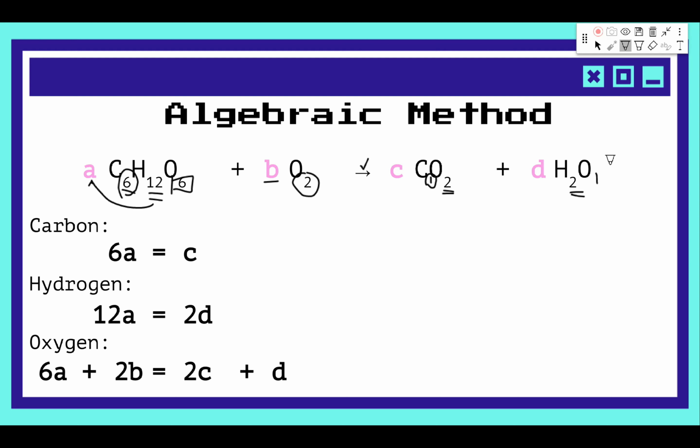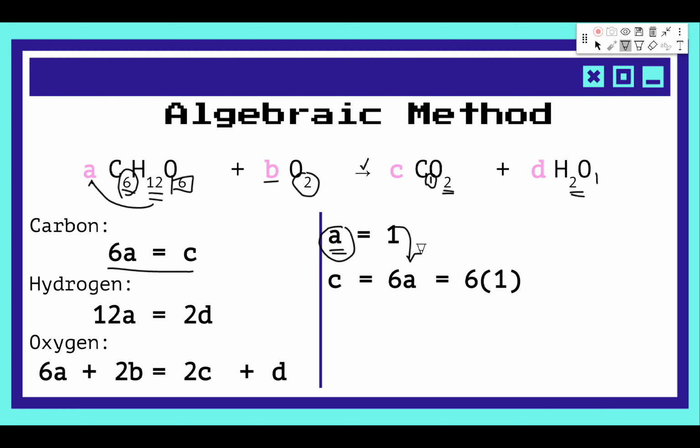Okay. Now the next step is to let one variable equal to 1. Doesn't matter which one you choose, just let one variable equal to 1. In my case, I will write A is equal to 1. Now, since I have the value of A, I can now get C using this equation. So C is equal to 6A. I will substitute the value of A, which is 1, here.